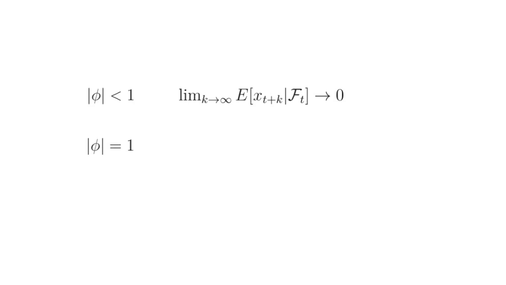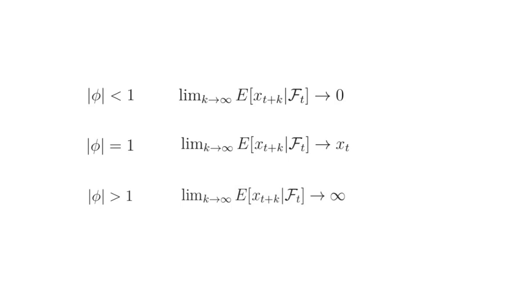In that case, the limit of the conditional forecast for an infinite horizon approaches xt itself. And in the third case, the absolute value of phi is above 1, we get an explosion, meaning the conditional long time horizon forecast for the AR1 series x just explodes, it goes to infinity.